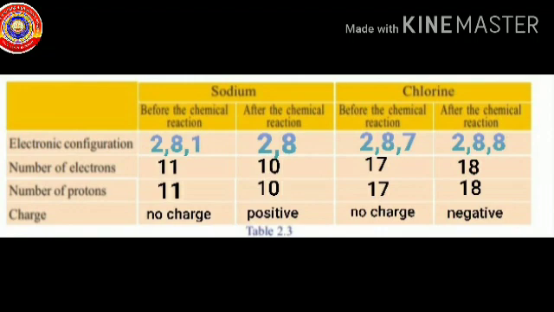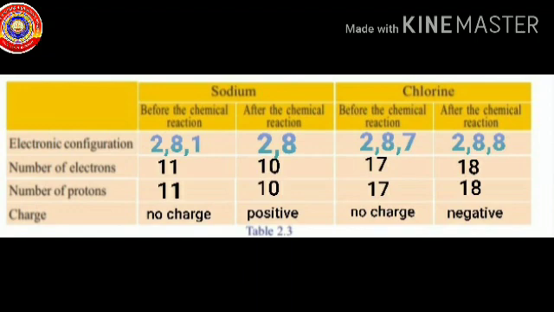In the case of chlorine, the configuration is 2,8,7 and after the reaction it becomes 2,8,8. The number of electrons present in sodium is 11 and after the reaction it becomes 10 because it loses 1 electron. Chlorine has 17 electrons and it receives 1 electron from sodium and becomes 18.